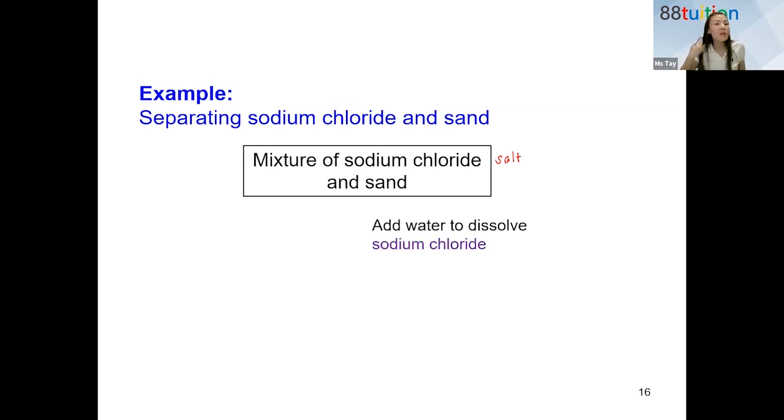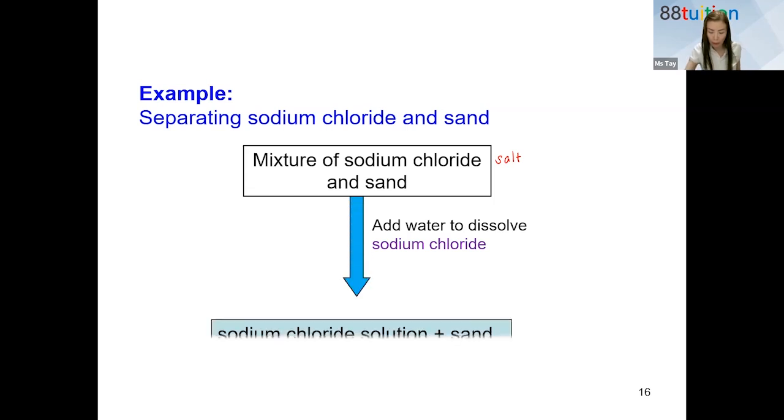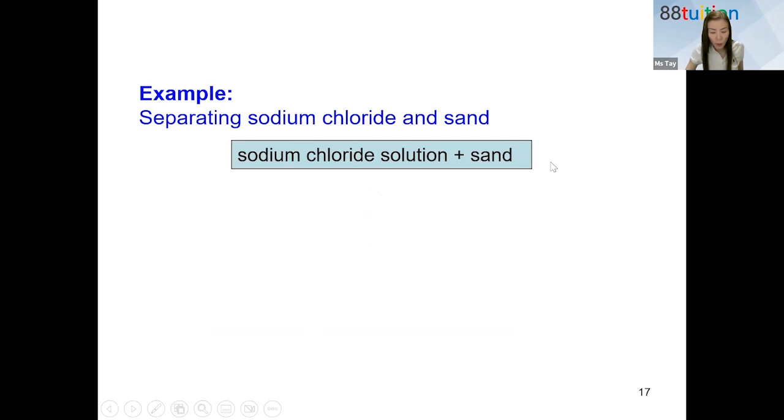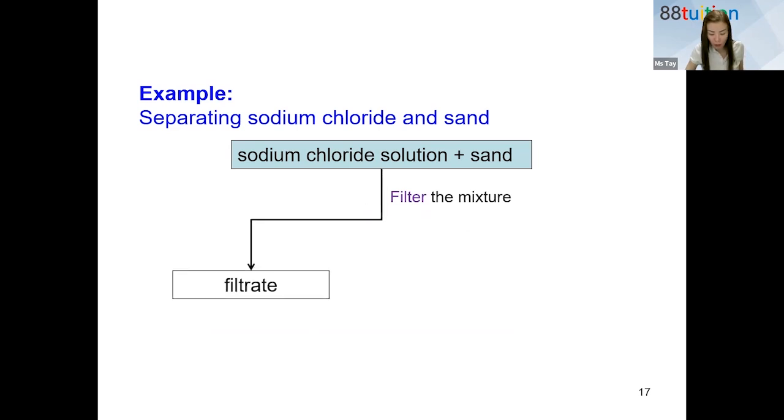If you have done your work already, you should know that you are supposed to add water to dissolve the salt, right? Then you get salt solution plus sand. So what do I do next? Next thing to do, filter the mixture. Once you filter the mixture, you're going to get the filtrate, and then you're going to get residue as well.